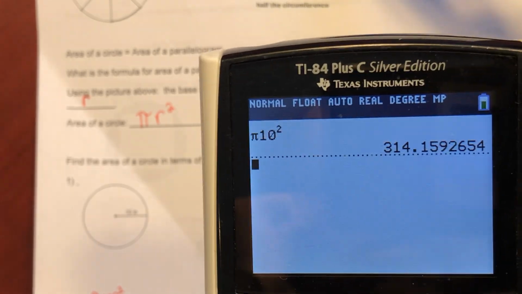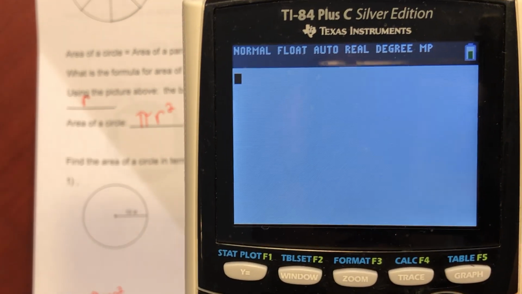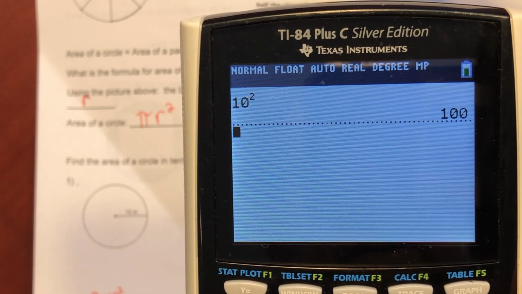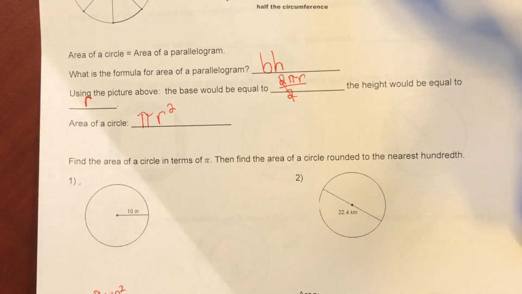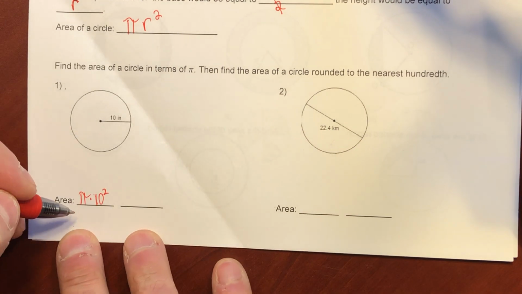But it wants us to have pi as part of our answer. So don't hit the pi button, just go 10 squared, that's 100, and then put the pi after it. So this here is 100 pi.